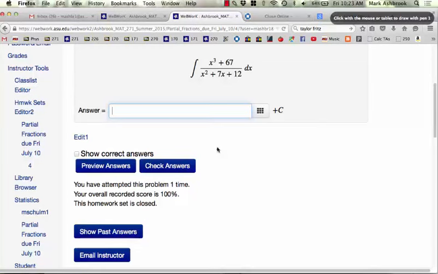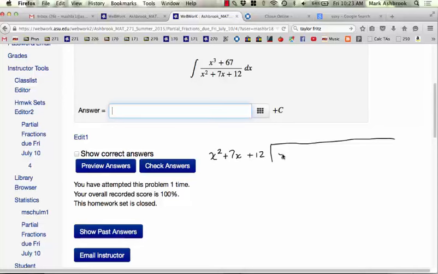So I'll do it fast, but please check, make sure I'm doing it right. So we got x squared, 7x, 12. X cubed, 0x squared, 0x. Okay, so we got x squared. We need x cubed. So x.